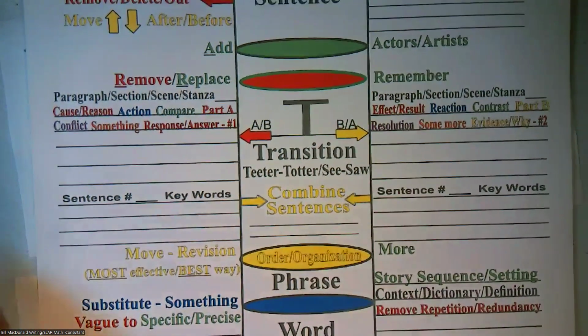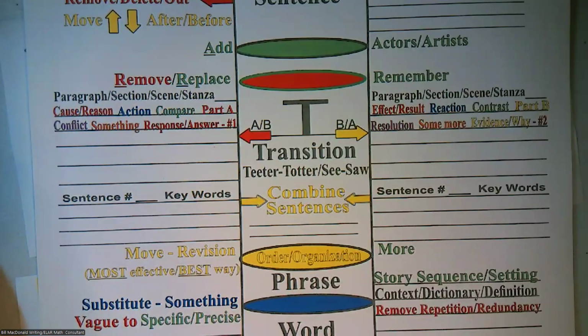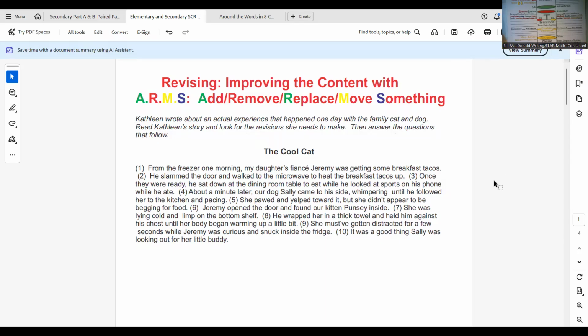So with that in mind, let me show you question one from my elementary practice passage that I made for you guys. So here is the title page, basically, and it just reminds you that in Texas, if you are from Texas, you're going to add, remove, replace, or move something.